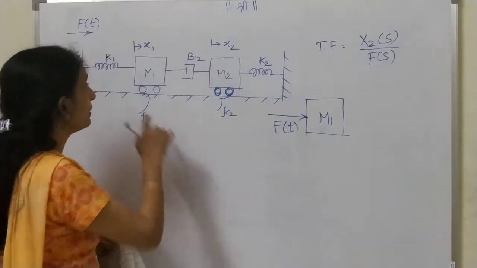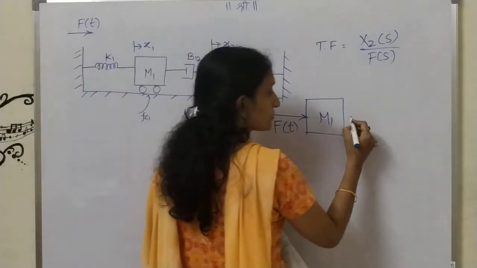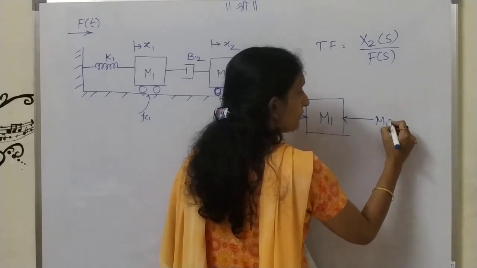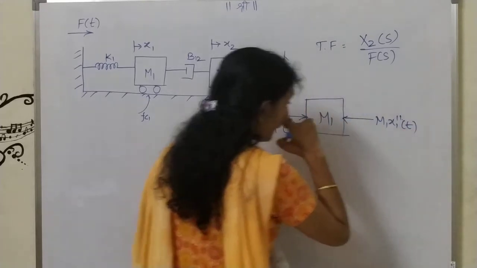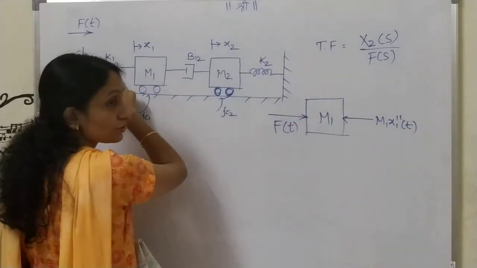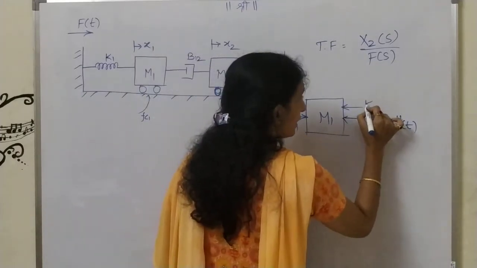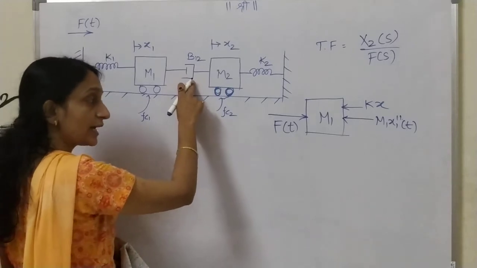The remaining forces will try to oppose the applied force. First of all, the force because of m1, I will write m1 x1 double dash of t. Next, the force because of the spring, this will be k x1. Then the force because of this damper.